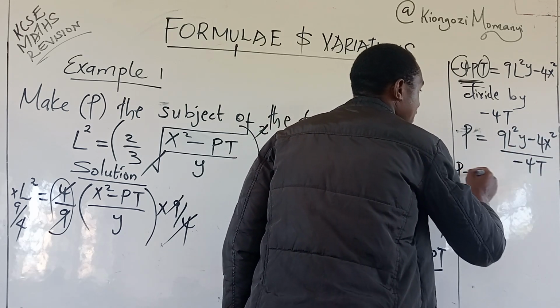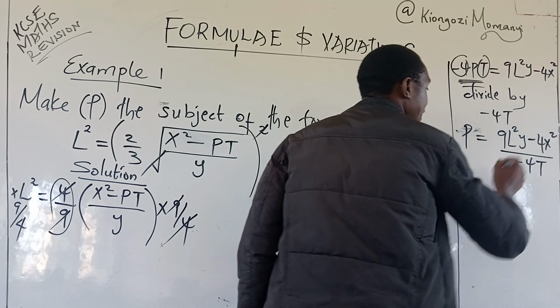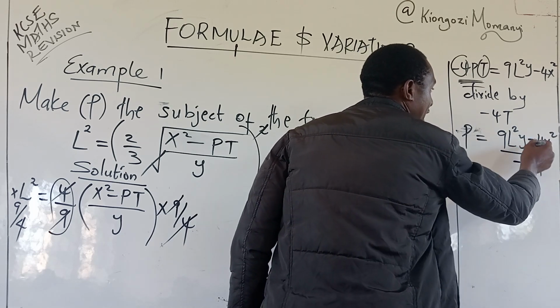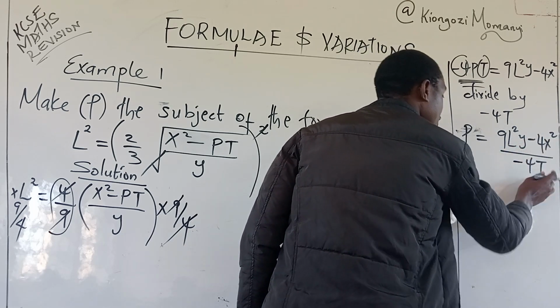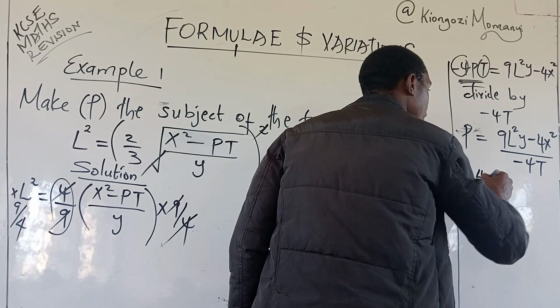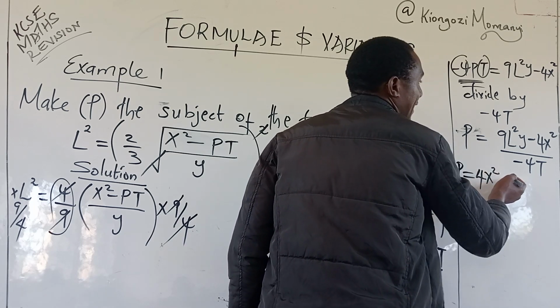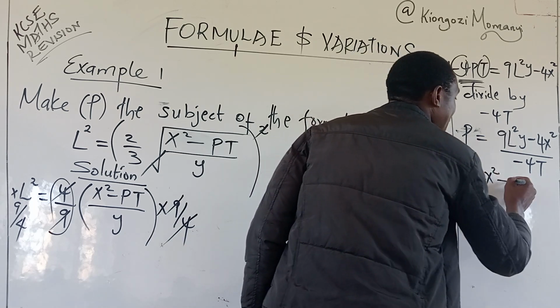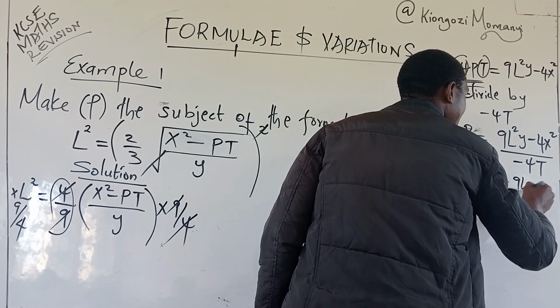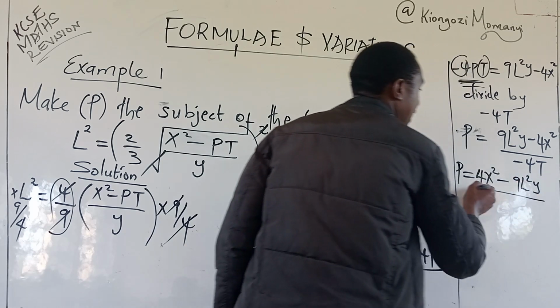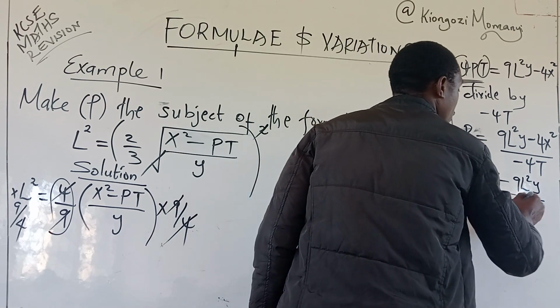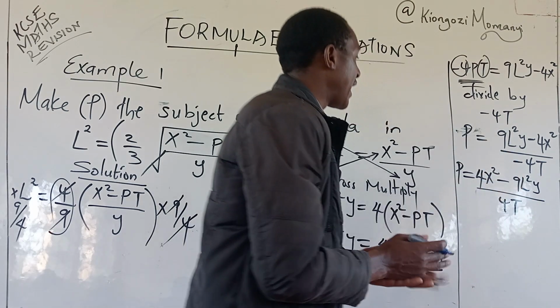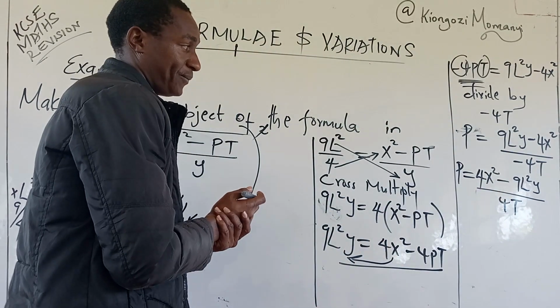So we shall have p is equal to, the first one here, we start with this one which becomes a positive. Negative 4x squared divided by negative 4t is positive 4x squared. Then this one is a positive, it becomes a minus 9L squared y, then divide by 4t. I have removed this negative, and so I can simplify.